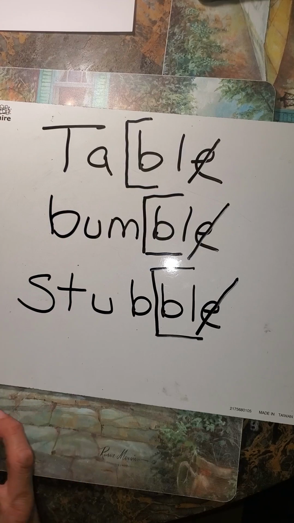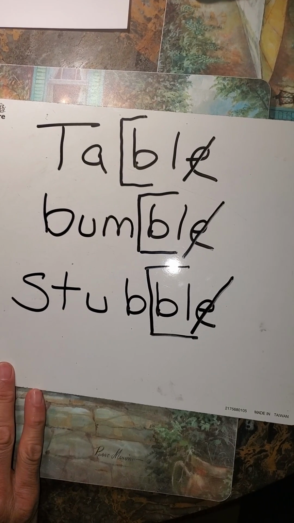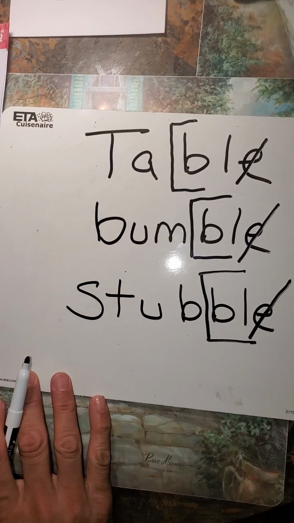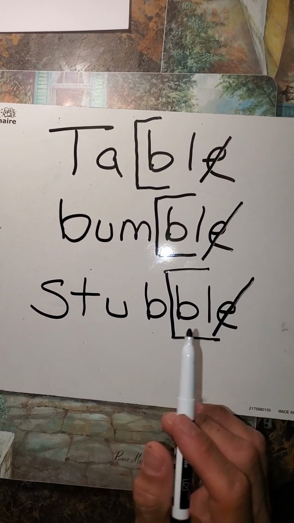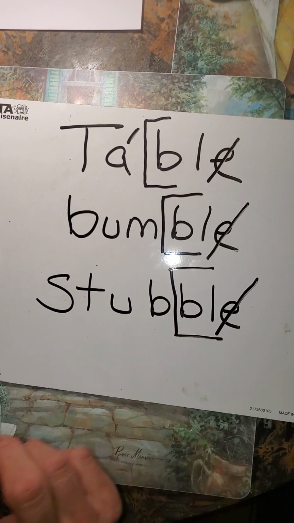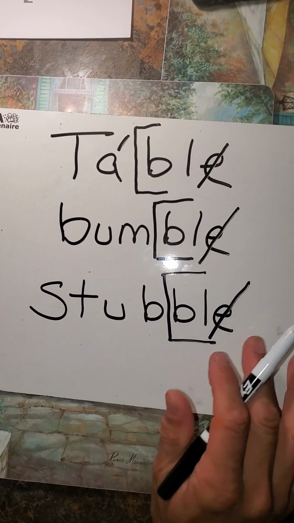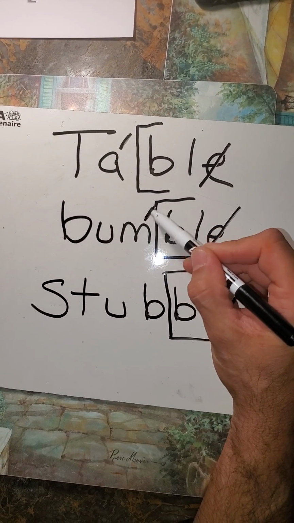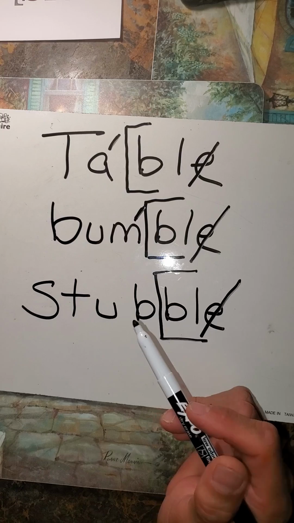We always accent the syllable before the final stable syllable. Let's accent the first syllable. In table, it's going to be ta, accent on the a. Bumble, bum, we're going to accent on the u.